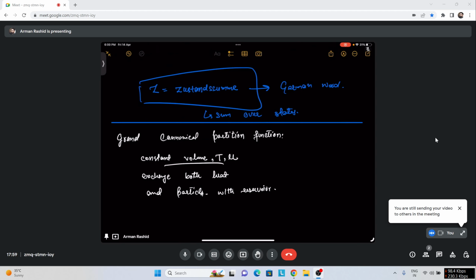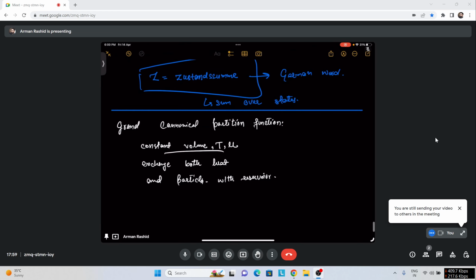Okay, thus it has constant temperature and constant chemical potential, where mu is the chemical potential.